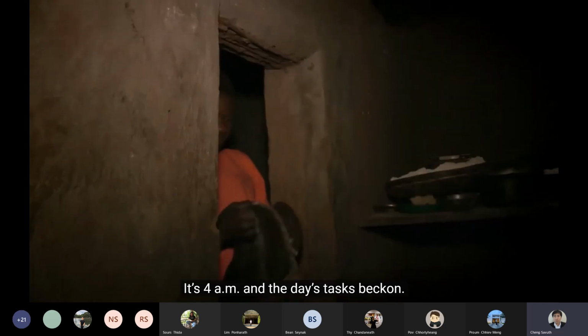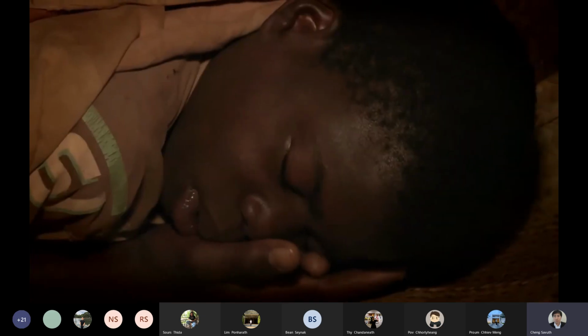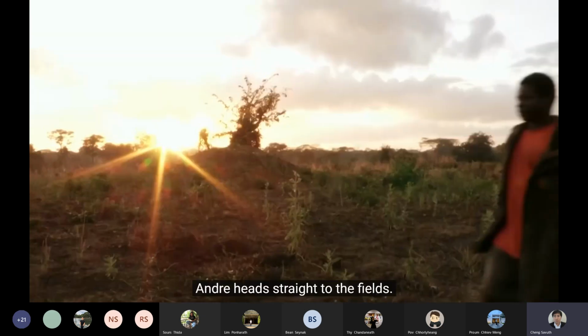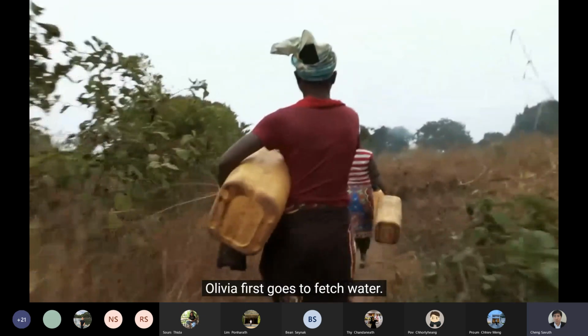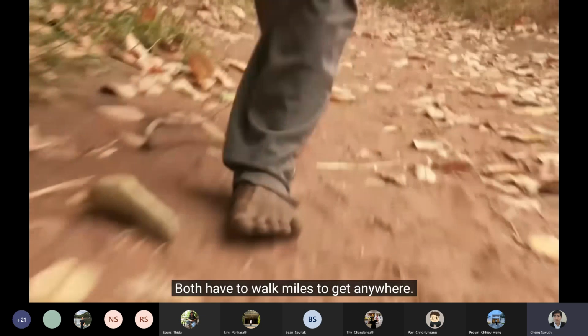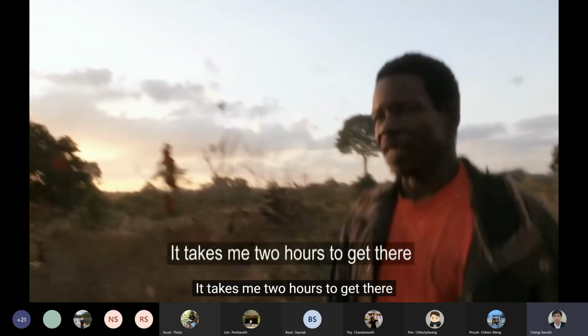It's 4 a.m. and the day's tasks beckon. Andre heads straight to the fields. Olivia first goes to fetch water. Both have to walk miles to get anywhere.